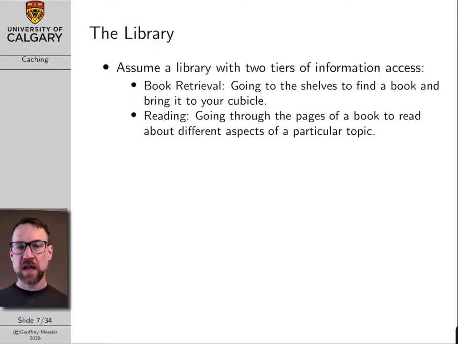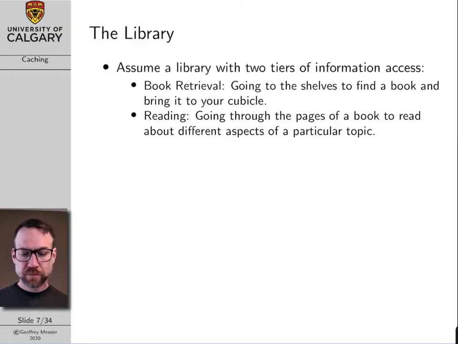And to understand how we manage this memory hierarchy, it's worthwhile thinking about retrieving information from a library. This analogy is for back when we used to go into libraries to read books. That's still kind of a thing, although I'm recording this during COVID, so nobody's really physically going into libraries right now. But let's imagine we have a world where that is still possible.